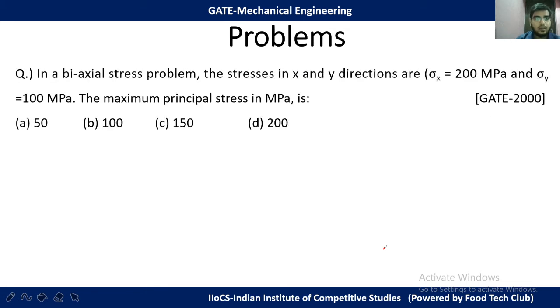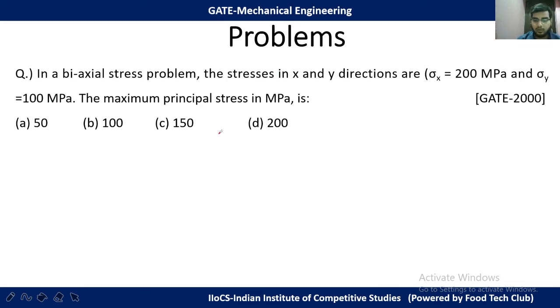Okay, there is one other problem here, given in a biaxial stress problem. The stresses in x and y directions are sigma x equal to 200 megapascal and sigma y equal to 100 megapascal. So what is the maximum principal stress in megapascal? Here sigma x and sigma y are given, and tau is 0.